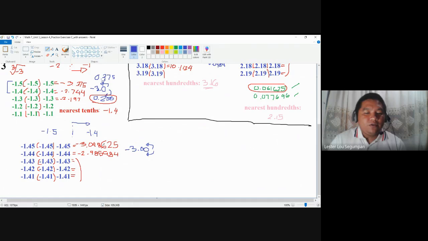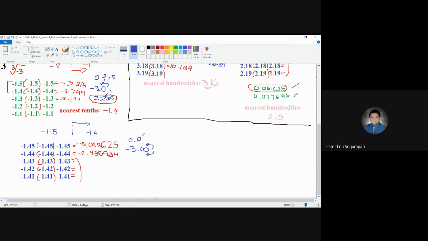From here to there, you need 0.048625. At the bottom, you need to have 0.0140016. You may correct me if I'm wrong again.